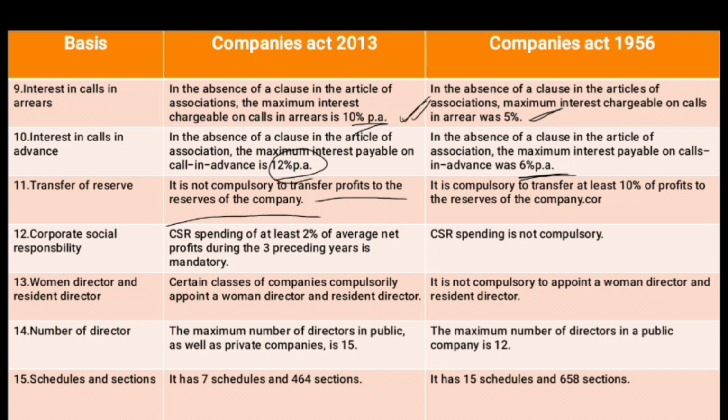Any company had to transfer at least 10% of profit to the reserves of the company. These reserves are utilized for any purpose of the company, for any contingency which may happen in the company. But now it is not compulsory or mandatory to transfer the profit to the reserves of the company.